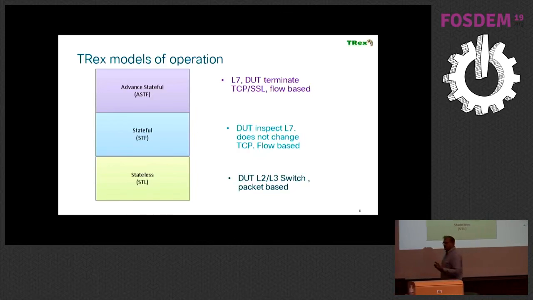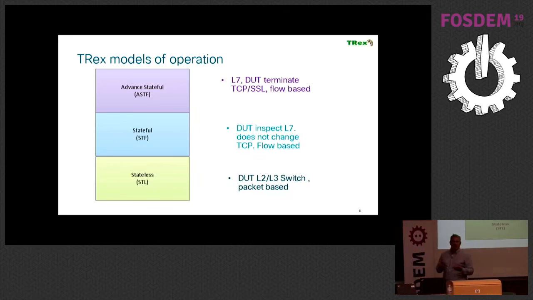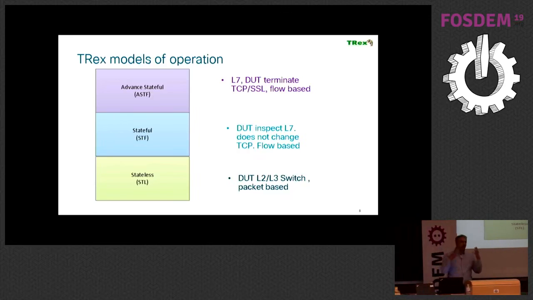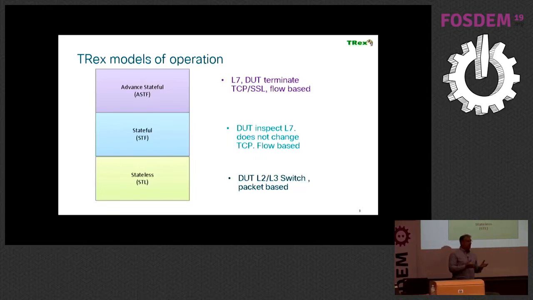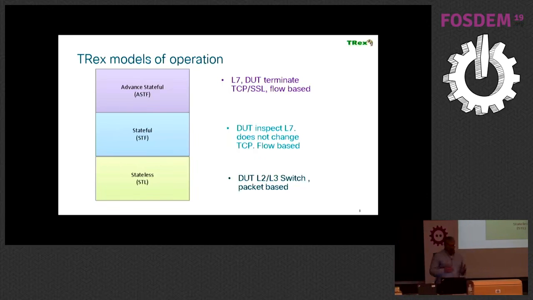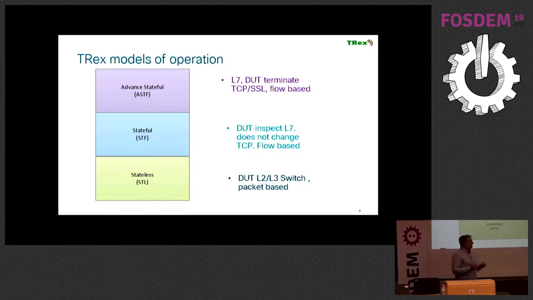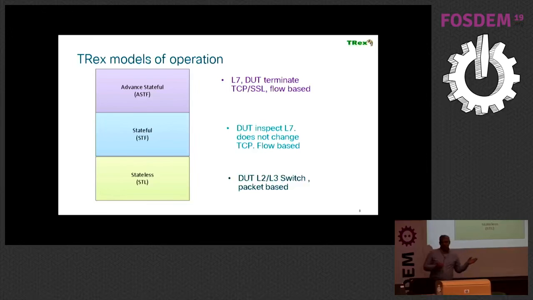But when you want to test Snort that is doing inspection and normalization, or a DPI environment, you need to create realistic traffic, something with layer 7 that simulates clients, servers, and applications, if you really want to evaluate the performance of the gear that you want to test. So there are, in general, two modes of operation, stateless and stateful, with more. I will talk about advanced stateful, and I will talk about stateless.